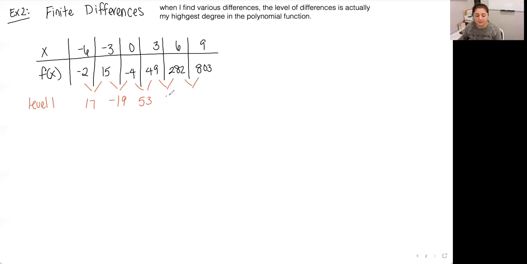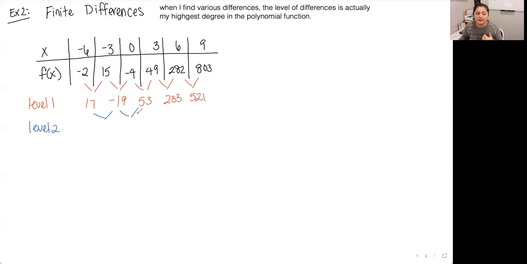Then I have 53, and I know all of these not because I'm so brilliant, it's because I did them a little while ago. Okay, so that's our level 1. If all of those numbers would be the same, that means my function would be y equals mx plus b, where x would be to the first power. They're not all the same, so we need to move on to level 2.